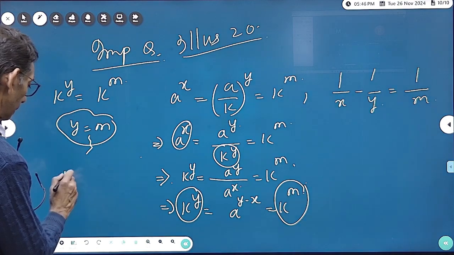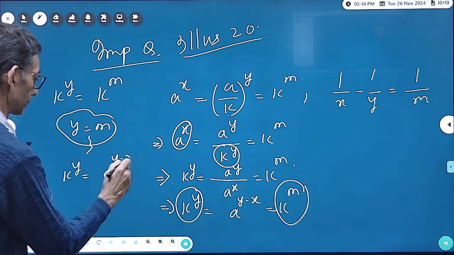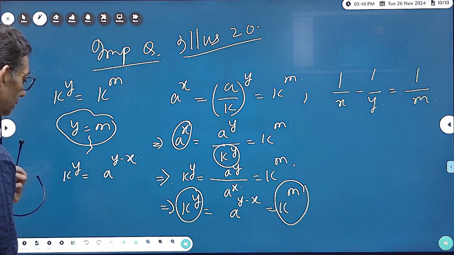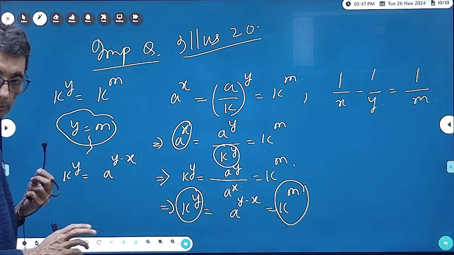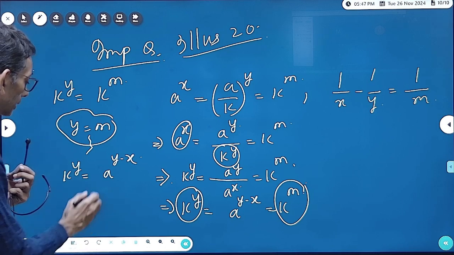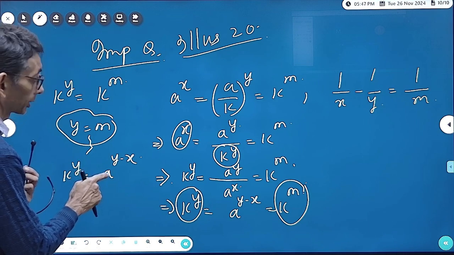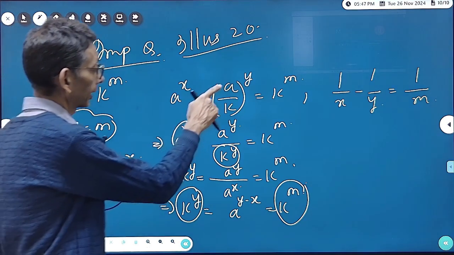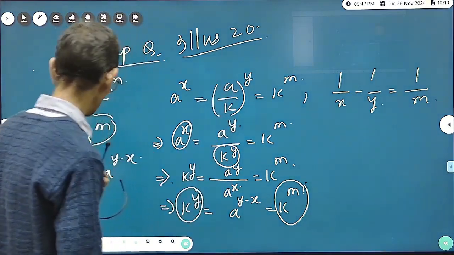So k raised to the power y is equal to a raised to the power y minus x. Dividing will not give us a benefit, because k and a are different, so we cannot utilize the denominator.